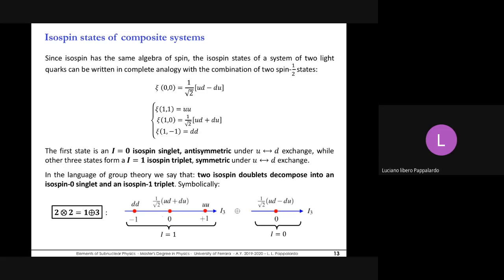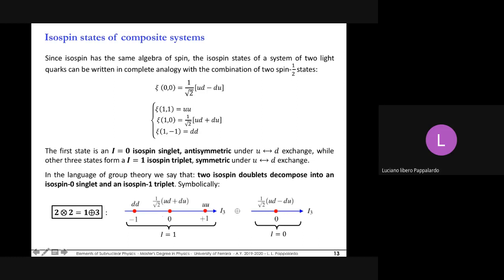In the language of group theory, we say that 2 isospin doublets decompose into an isospin 0 singlet and an isospin 1 triplet. Symbolically, we write this in this way. So these are the 2 isospin doublets, and they decompose into an isospin singlet and an isospin triplet.